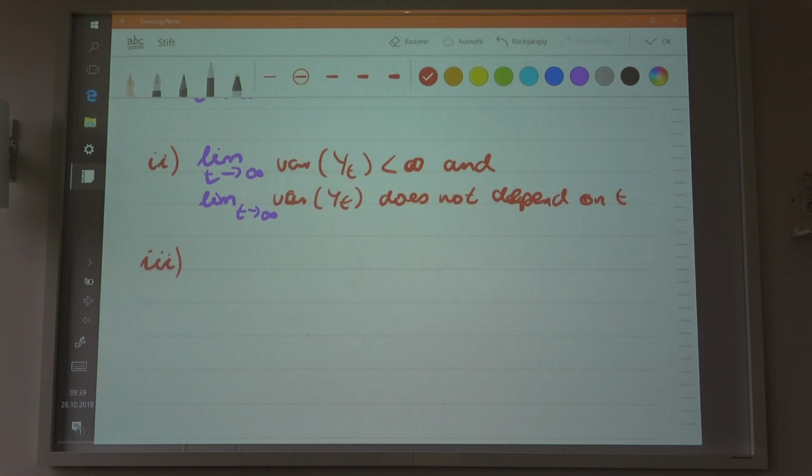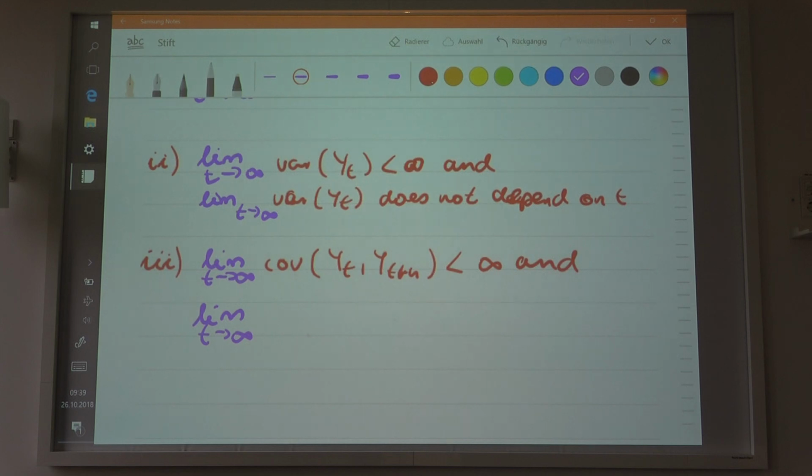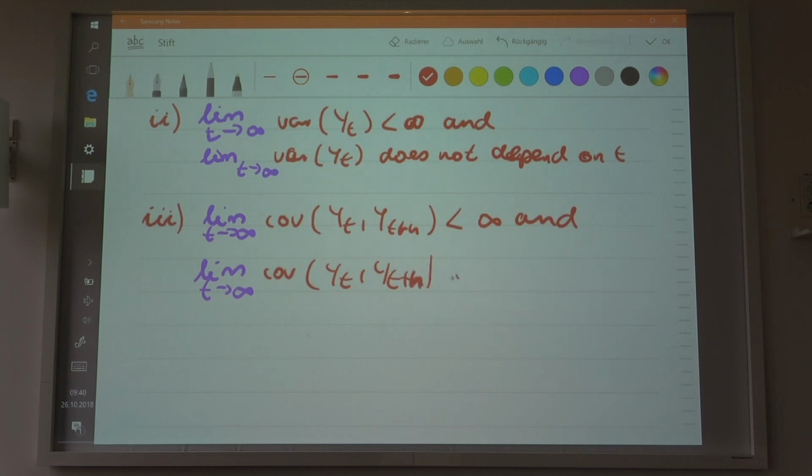So basically, the limit as t approaches infinity of the autocovariance of the process is, first, finite, and second, does not depend on t, but it can depend on the time lag.